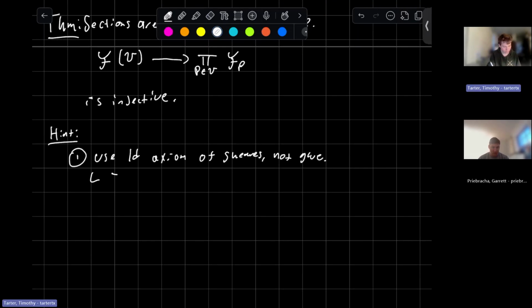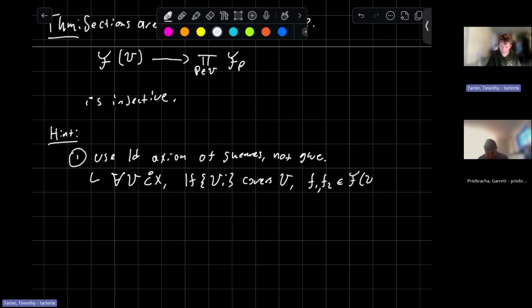Okay. So for every open set U, if U_I covers U, and F_1 and F_2 are in the sections on U, and F_1 restricted to U_I is equal to F_2 restricted to U_I for all I, then F_1 is equal to F_2.